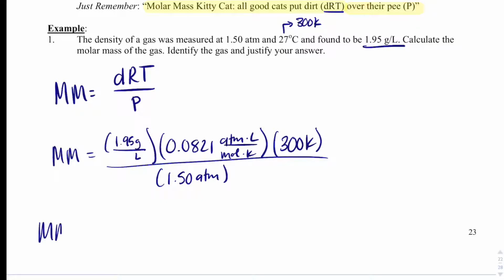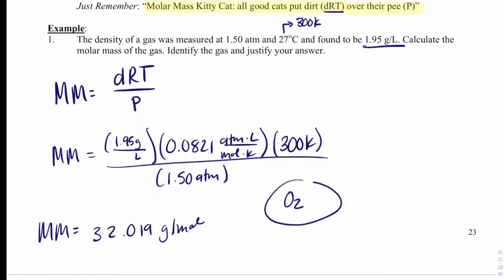And when I solve this out, my molar mass is 32.019 grams per mole. Looking at the periodic table, some people might see that this is in fact oxygen. Some people will say sulfur because sulfur is 32.06, but it could not be sulfur because sulfur is not a gas at 27 degrees Celsius, so it's most likely oxygen.